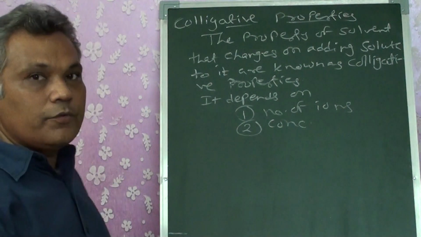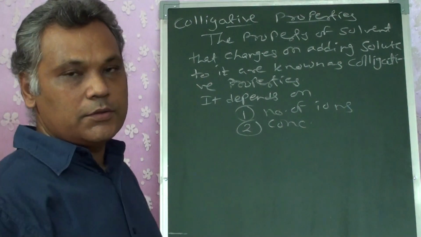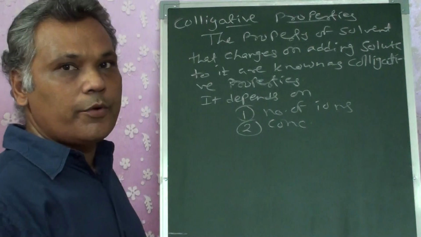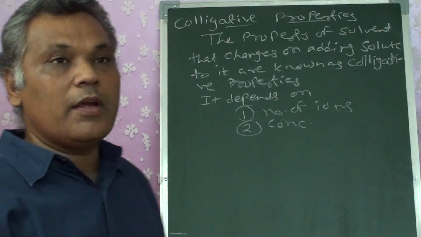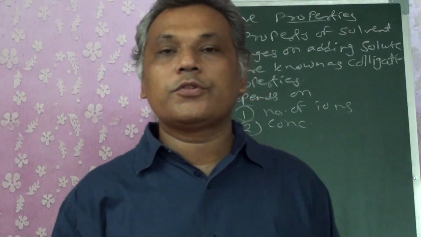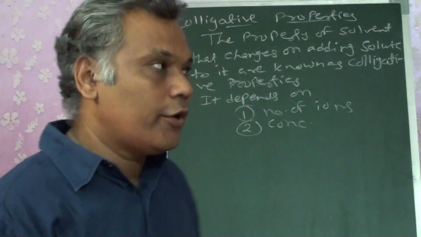The component which has more number of ions will show a large change in the colligative property. The one which has a higher concentration will also show more change in the colligative property.